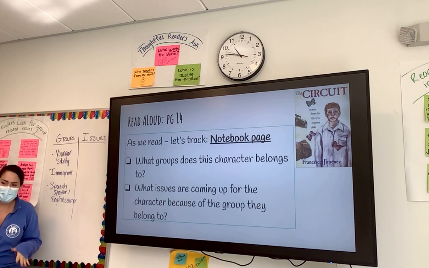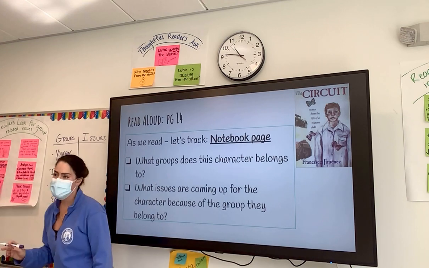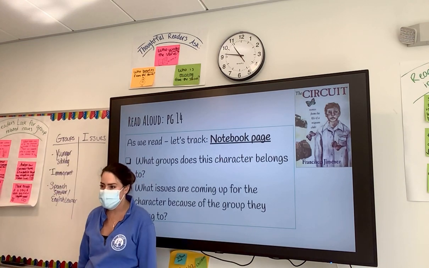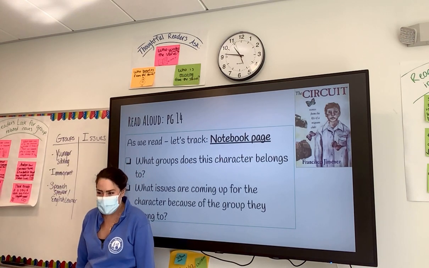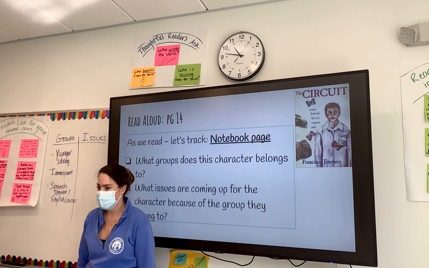Did we see any issues in just that first chunk of text that might be related to one of these 3 groups? Jerry, did you find anything? Yeah, he speaks Spanish. I don't think he knows much English at all.